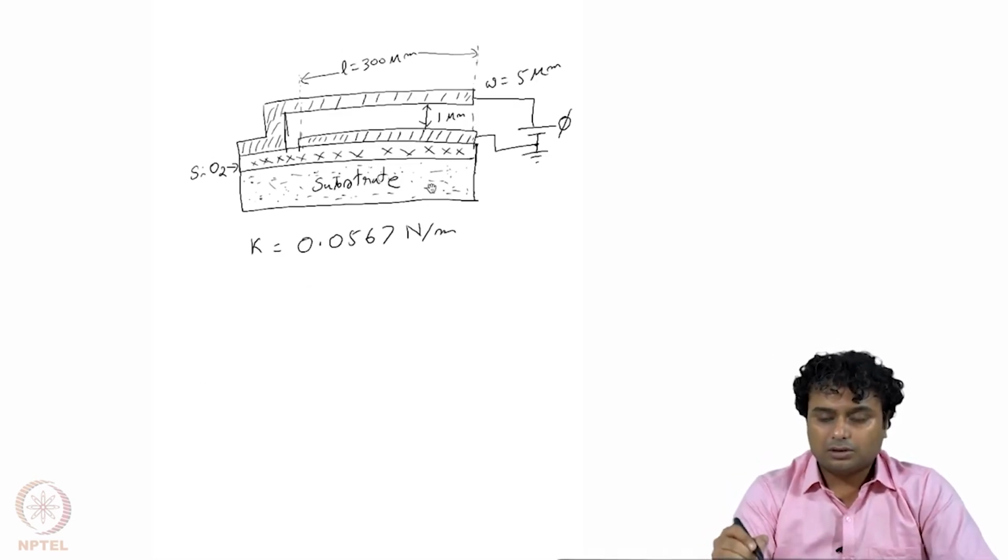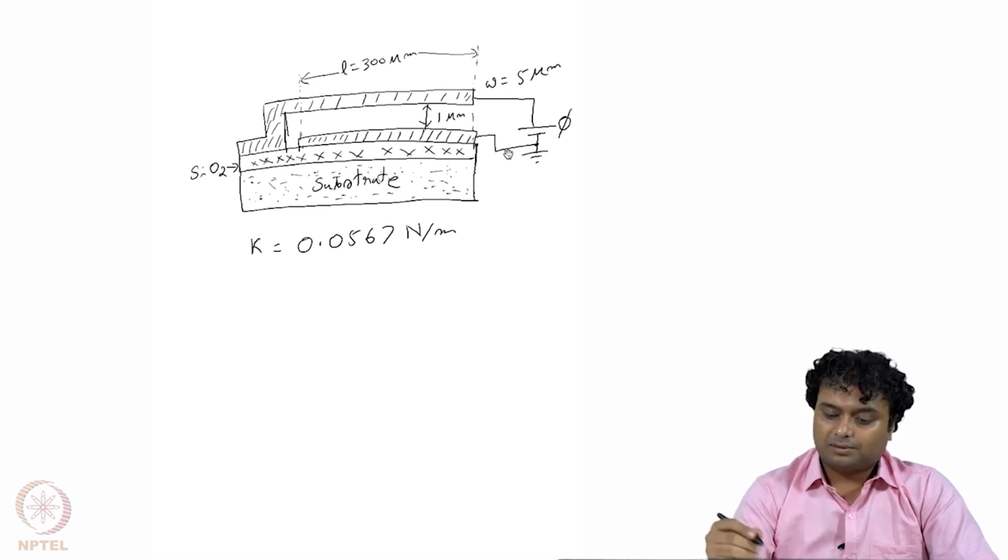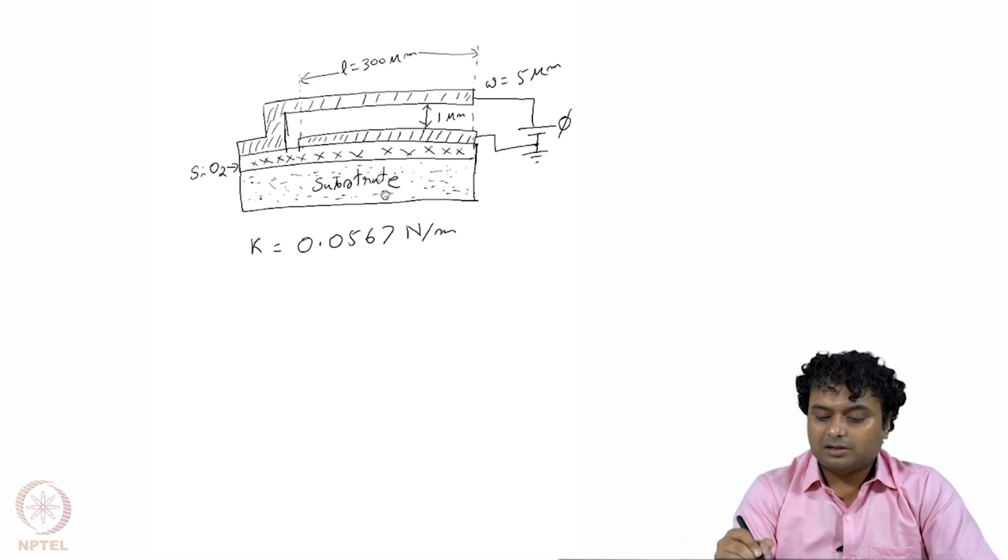So to see now the pull-in phenomena, I will describe this with the help of this example. Okay. So there we have taken this kind of structure where we have the substrate, and this substrate can be silicon or glass, and then on top of that there is an insulating layer which is let us say SiO2, and on top of that there is a cantilever beam.